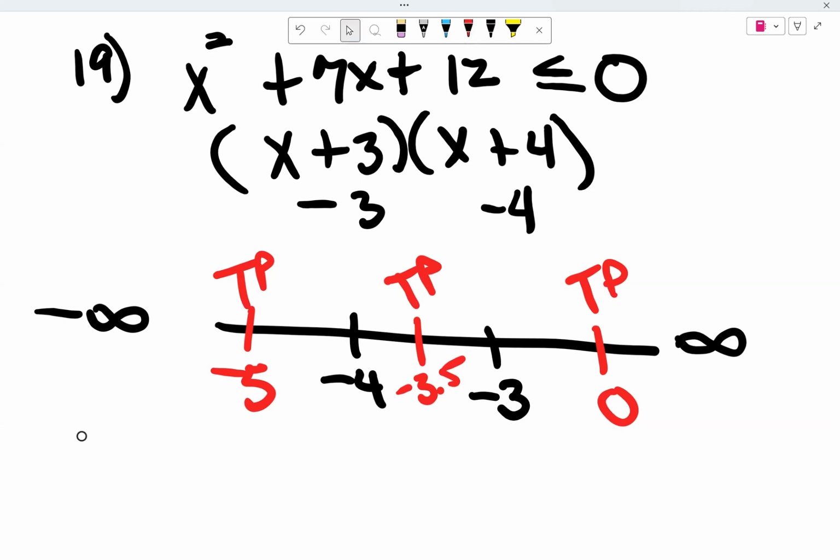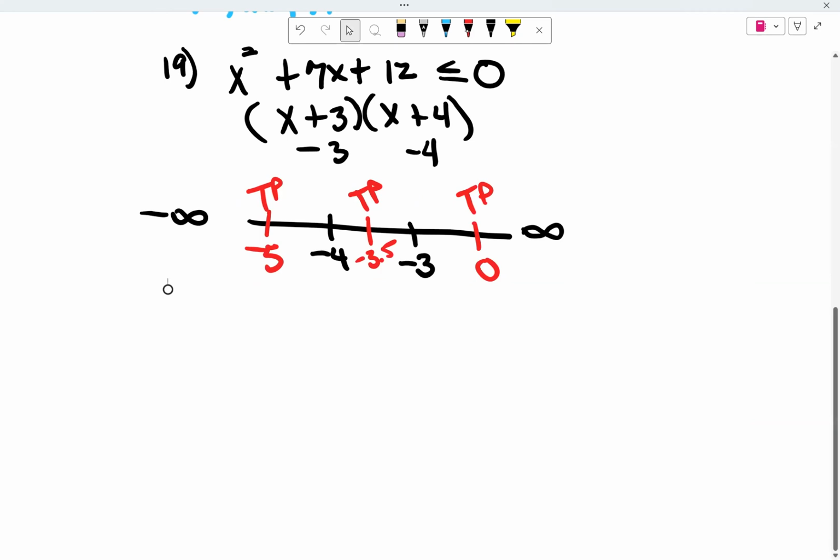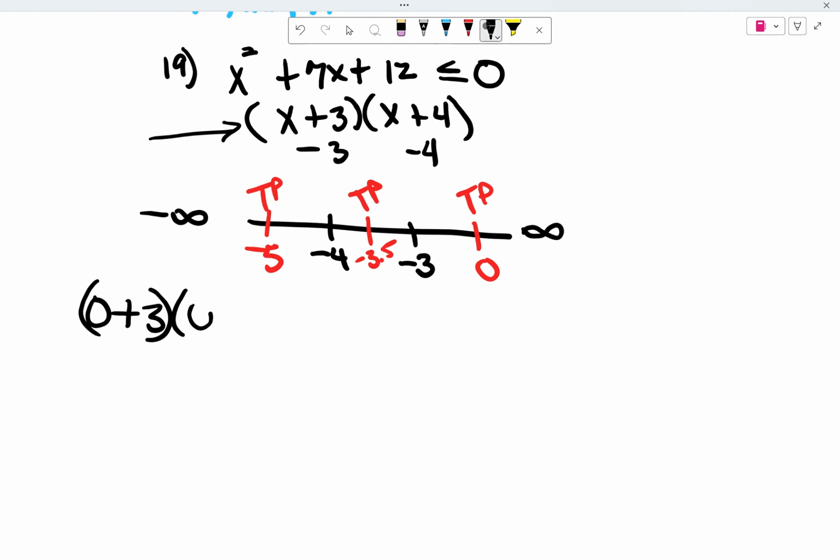What I want to do is throw these test points into my factors. So, for example, if I start with 0, I have 0 plus 3 times 0 plus 4.